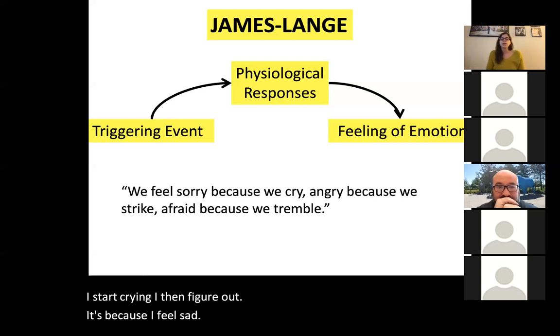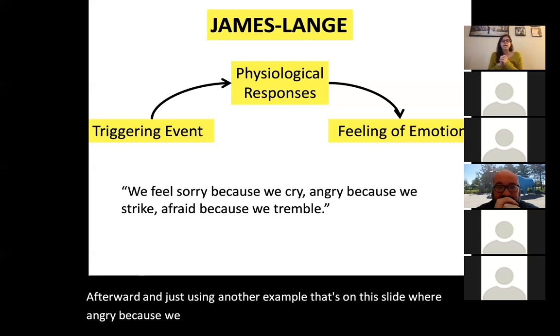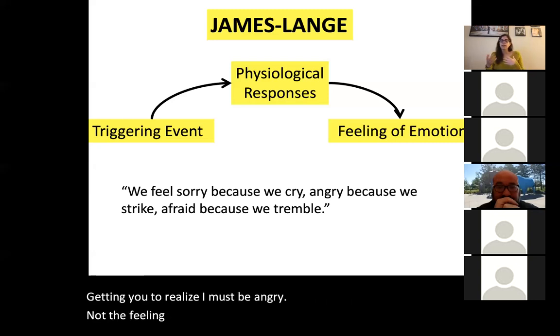Just using another example that's on the slide, we're angry because we strike, and we're afraid because we tremble. So the second one is like this behavior. Certain behavior is getting you to realize, oh, I must be angry. That's the feeling that happens. And if you're trembling, that physiological response is because of being afraid.